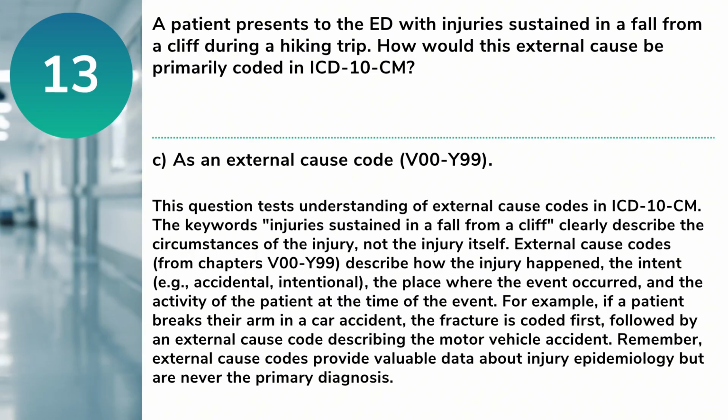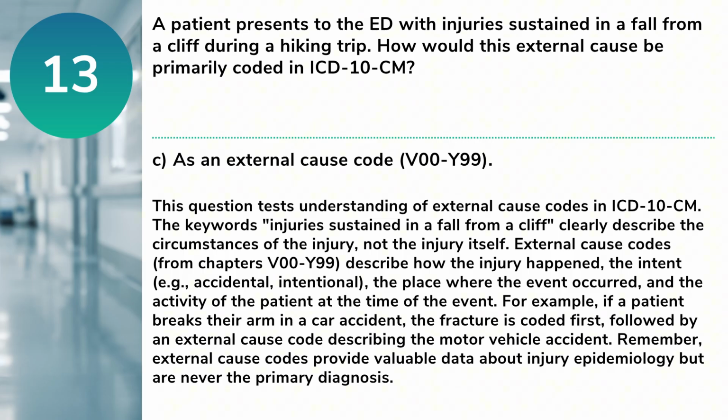Answer: C. As an external cause code, V00-Y99. This question tests understanding of external cause codes in ICD-10-CM. The keywords injury sustained in a fall from a cliff clearly describe the circumstances of the injury, not the injury itself.